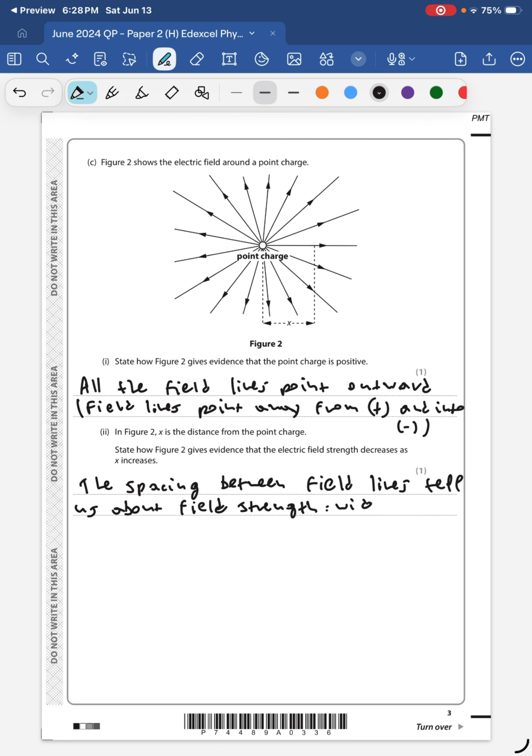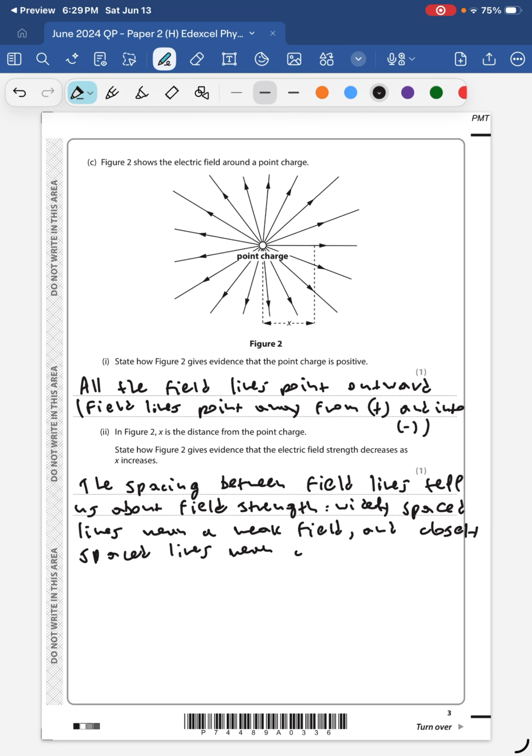Widely spaced lines mean a weak field, and closely spaced lines mean a strong field.